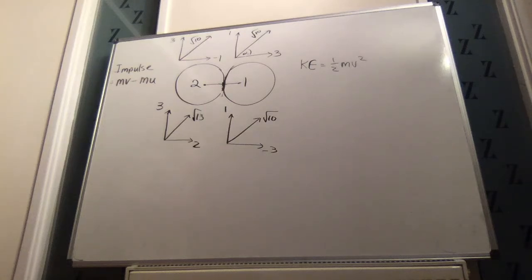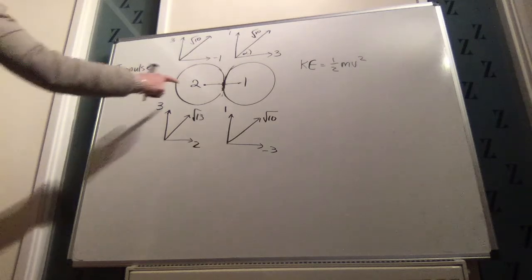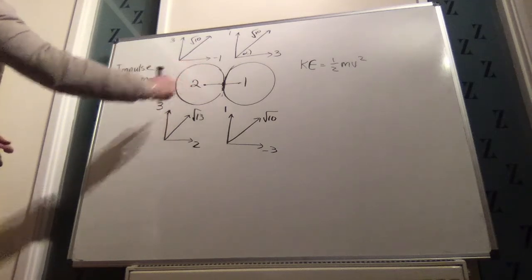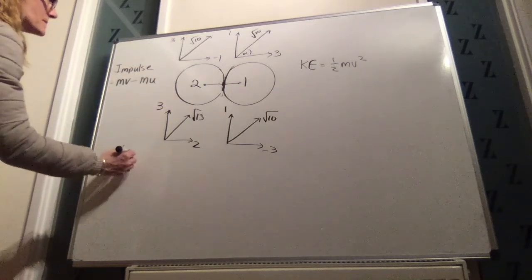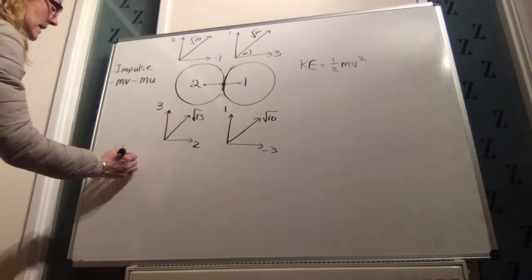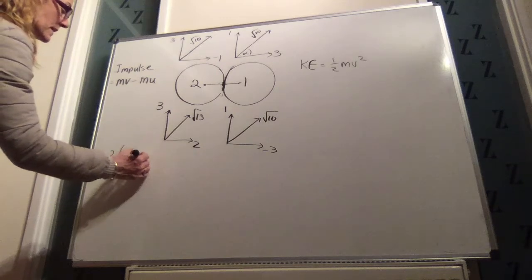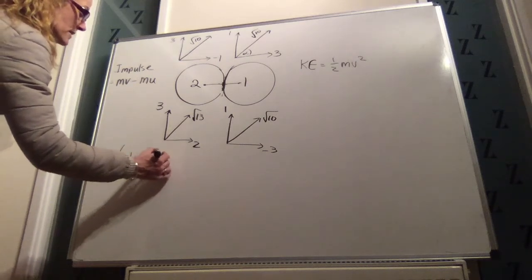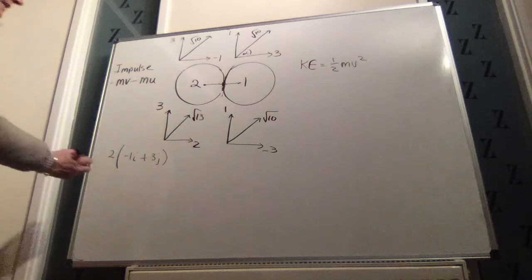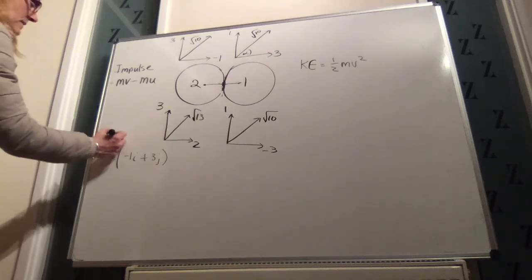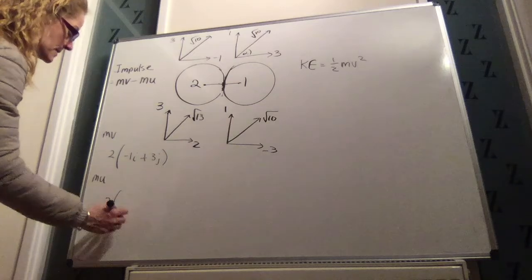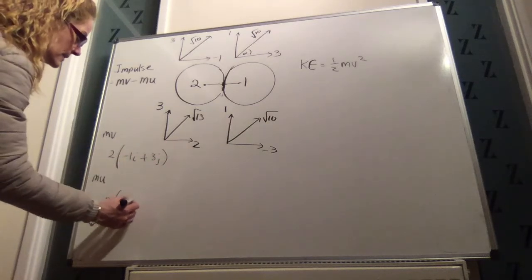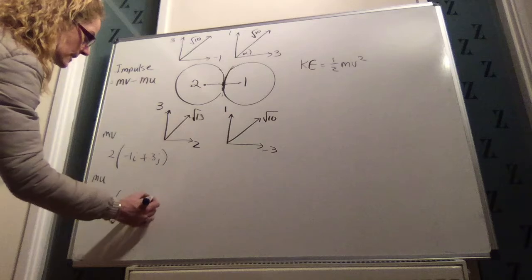If we have a look at this sphere here, then the mass times velocity afterwards is 2 times its velocity, which is minus 1i plus 3j, and that's mv. mu is m times 2i plus 3j.